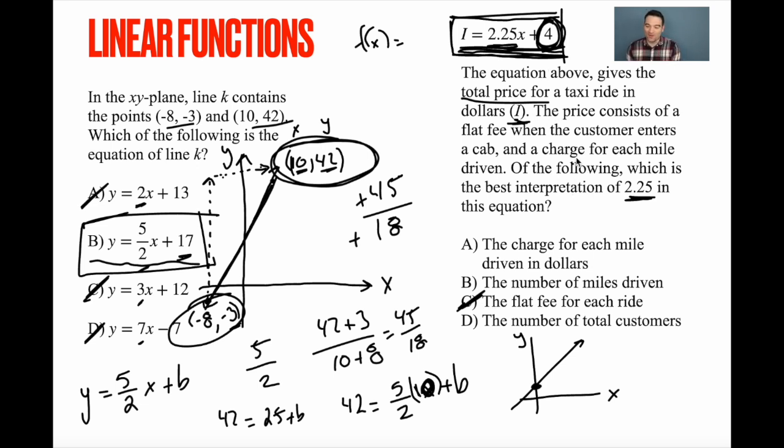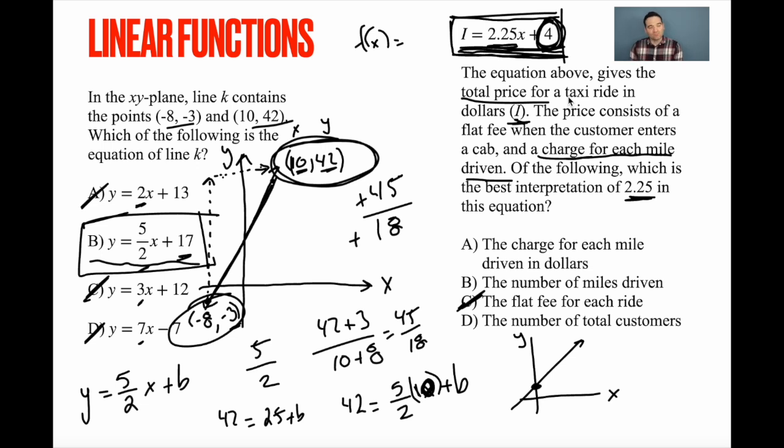So we want to know what 2.25 is. The price consists of a flat fee when the customer enters a cab and a charge for each mile driven. Okay, so there's a charge for each mile driven. What changes in this scenario? Well, it's the number of miles, right?